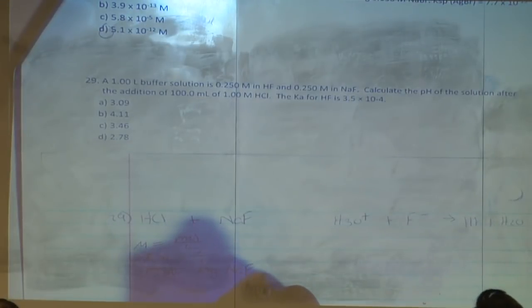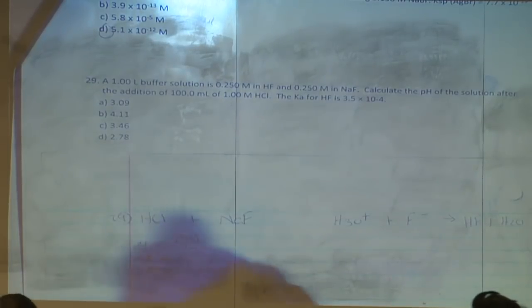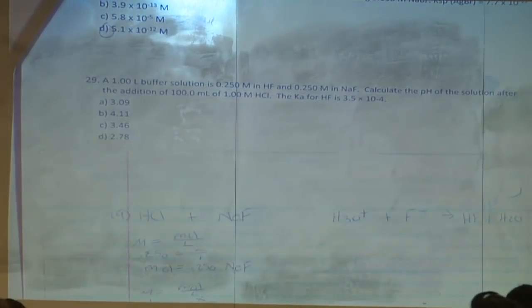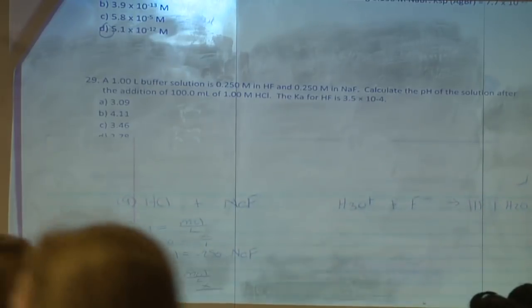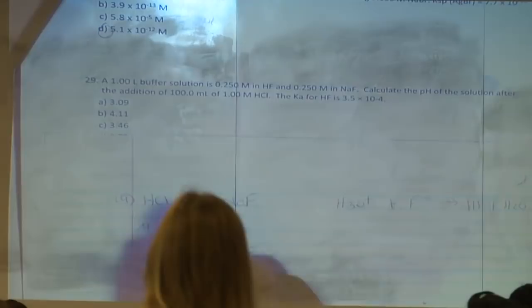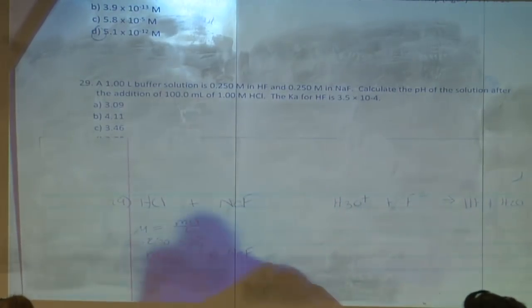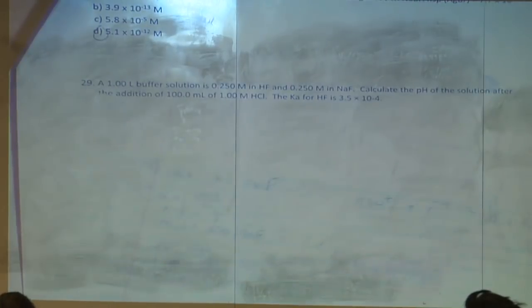So the molarity of HCl is 1 equals X over 100 milliliters, which we're going to convert to liters. So 0.1. So X equals 0.1, so that means the moles of HCl is 0.1.